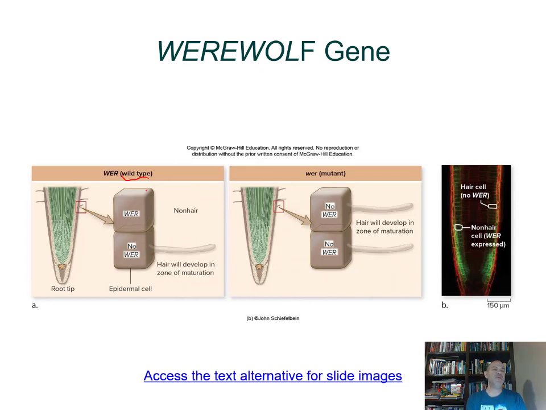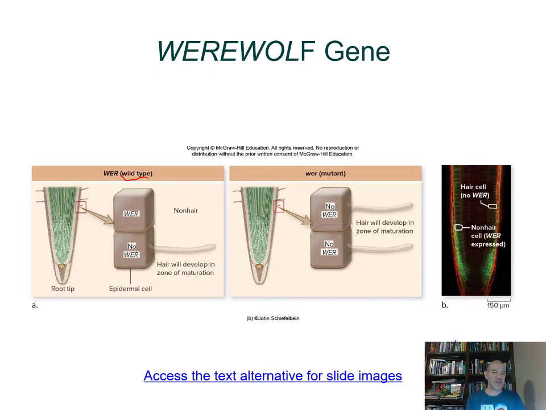Okay. Now, what happens then if you have a non-functional werewolf gene, which is involved in suppressing or stopping that growth, and is needed to do that, then every cell would grow a root hair. So again, how do they figure out how these work? A lot of times they work with plants that have a mutation in a gene. So when a gene's not working correctly, you figure out what it does by comparing to one that works correctly.